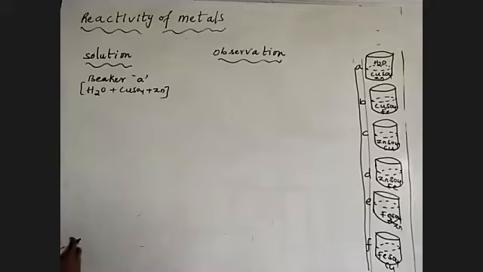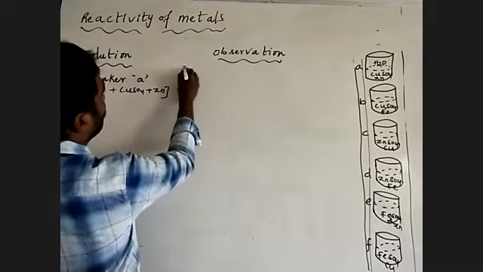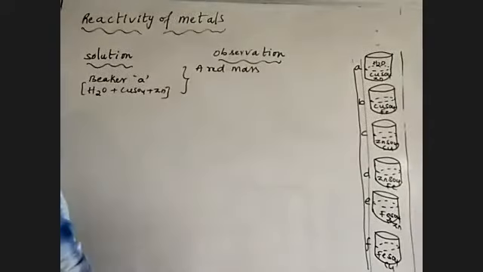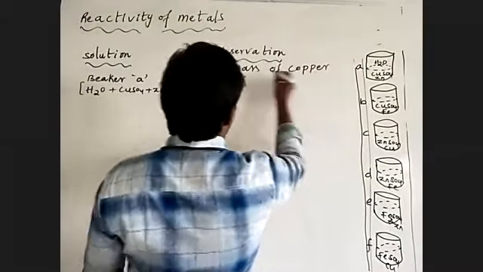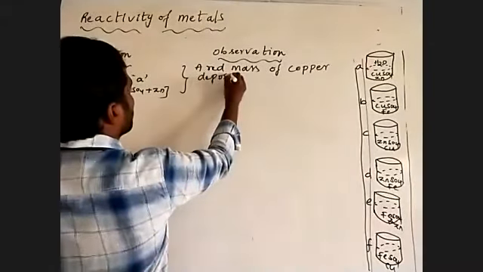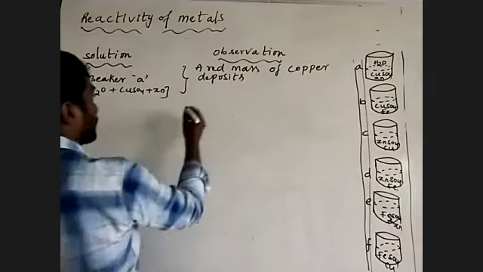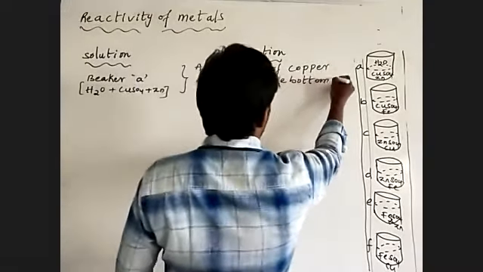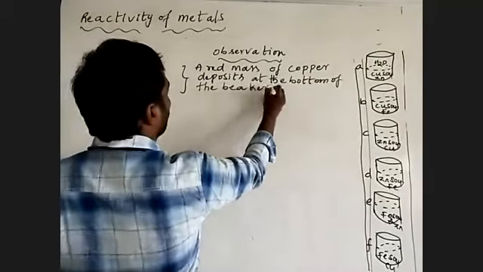Then what we may observe is a red mass of copper deposit, which deposits at the bottom of the beaker.